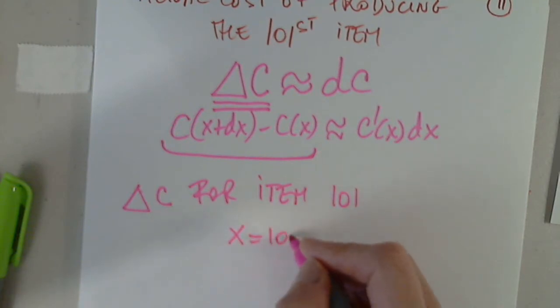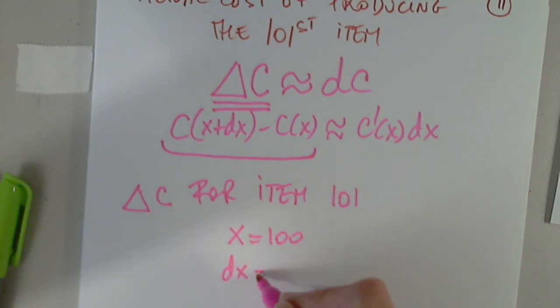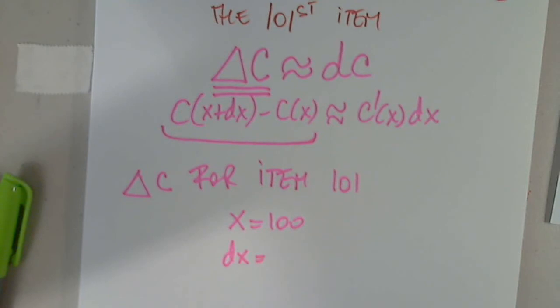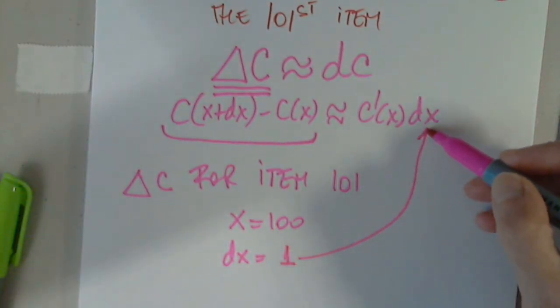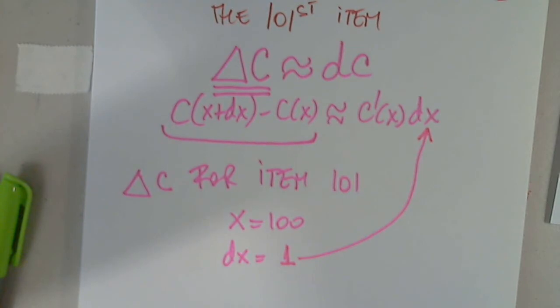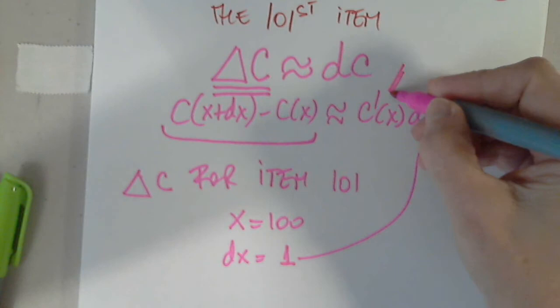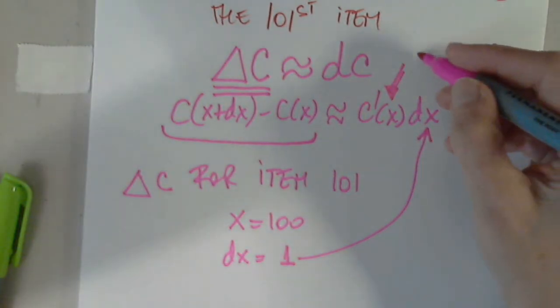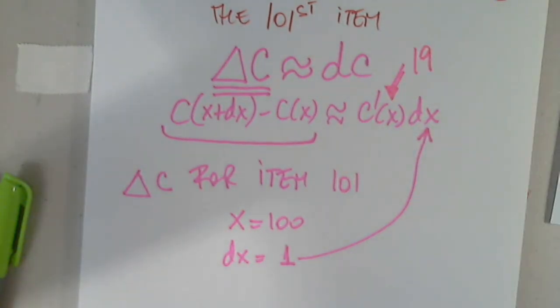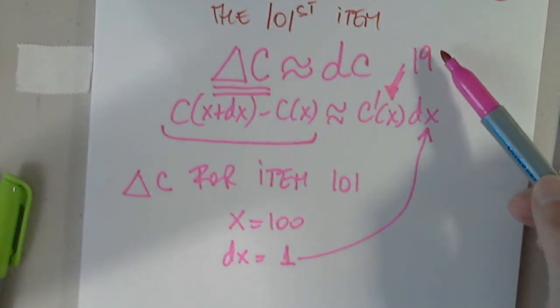So x is 100, and how much is dx? Very good. So that's why this is 1 in our example, because they want 101 and because we are talking from 100 to 101. We already have this piece. We just calculated it. It was 19. This was the approximate cost.